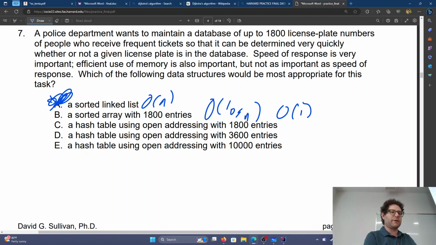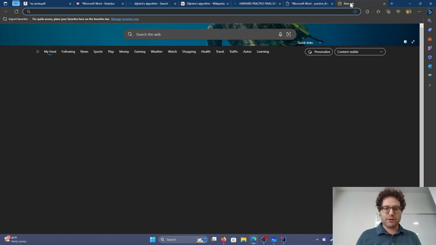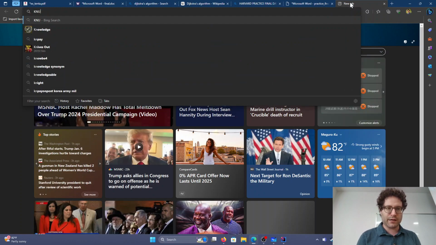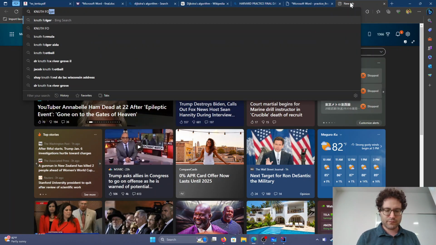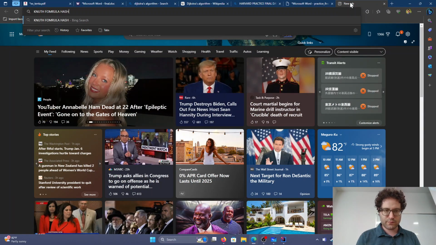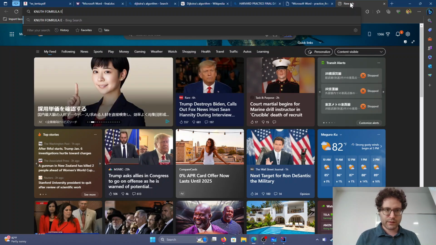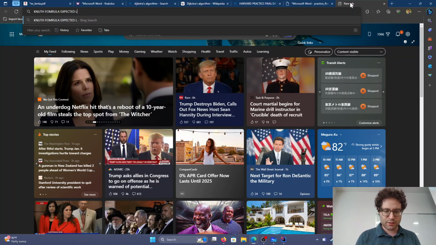Now, all of these are hash tables, but not all hash tables are built equally. Consider a hash table using open addressing with 1,800 entries, 3,600 entries, and 10,000 entries. Now, Knuth had a formula for expected lookup.